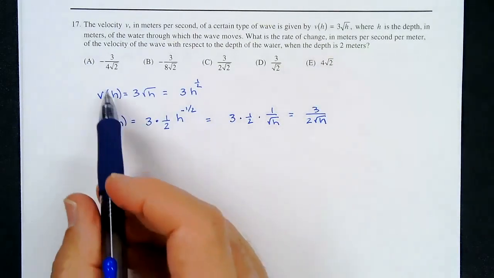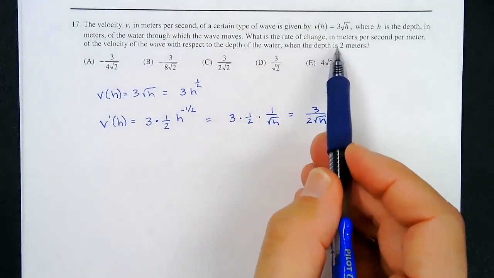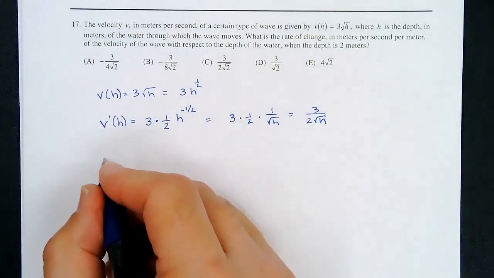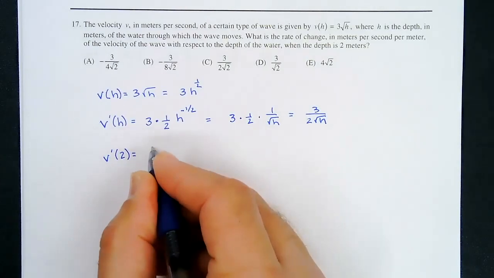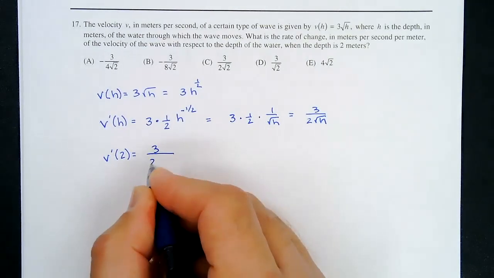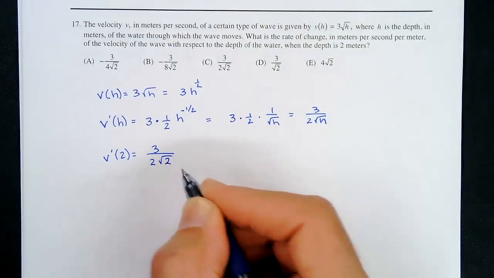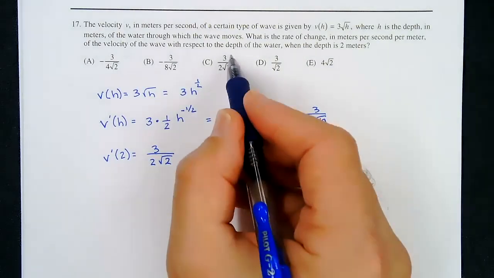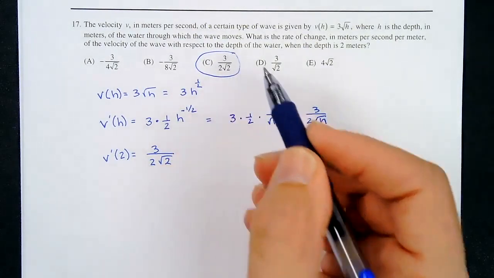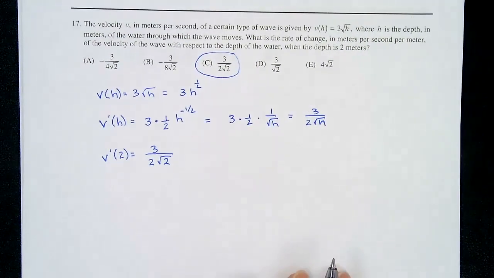And then we want to find this velocity when the depth is 2 meters. So we really want to find v prime of 2. So that'd be 3 over 2 square roots of 2. And the correct answer for this one would be C. Once again, 3 C's in a row. All right, let's go to the next one.